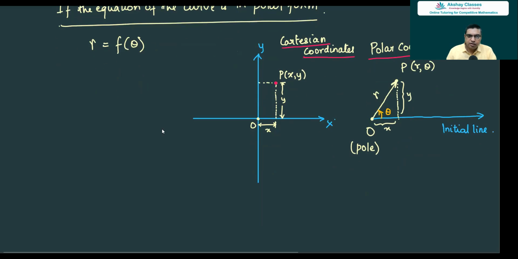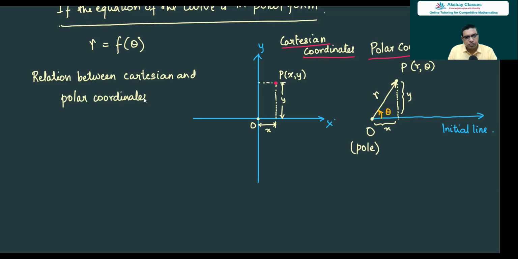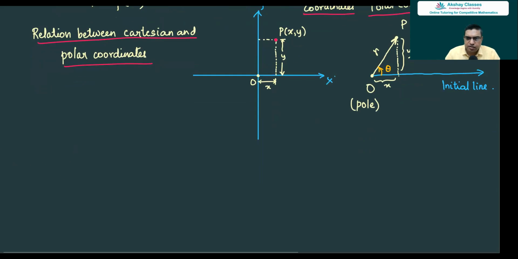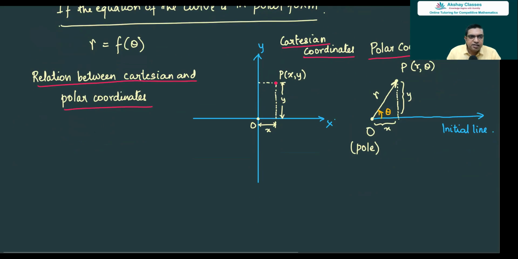So when we equate the relationship between Cartesian and polar coordinates, what we get is this: x is r cos theta, and y is equal to r sin theta.